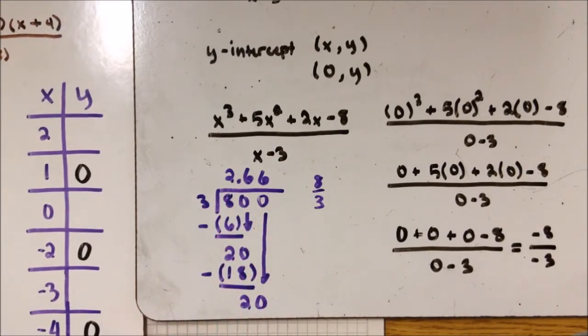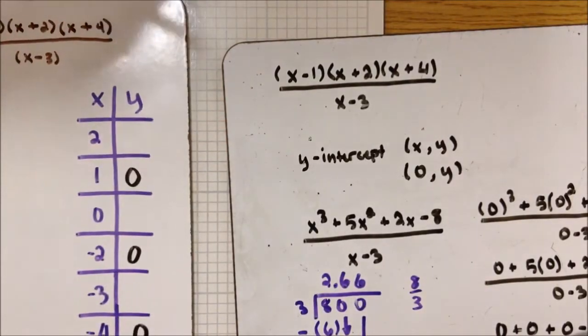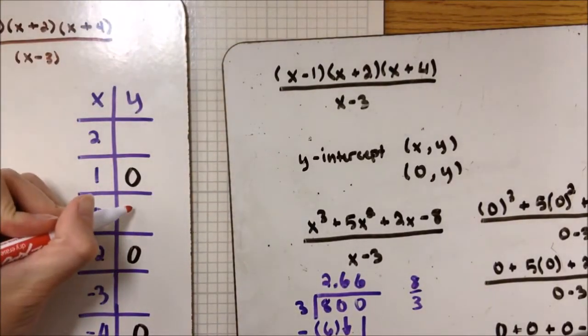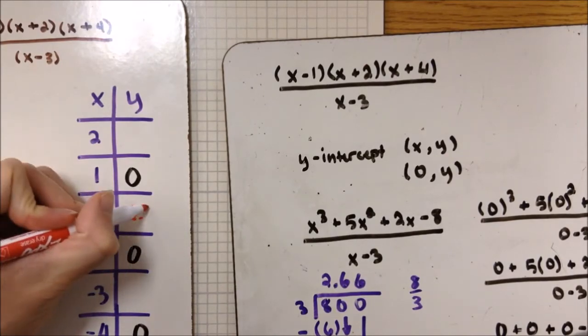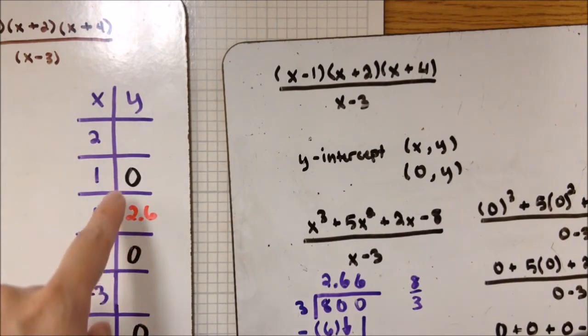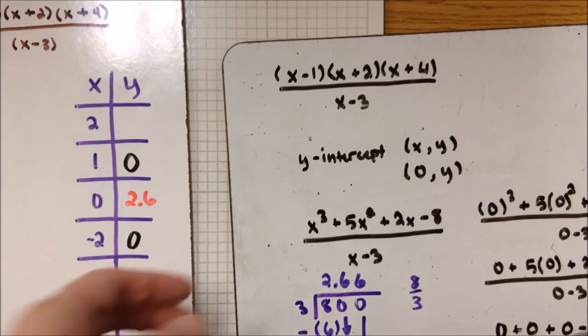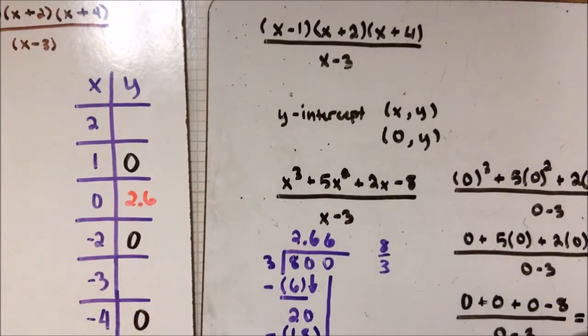But I'm just going to write 2.6. Now all we need to do is find the other points. So again, this is our y-intercept, x-intercept, x-intercept, and x-intercept. So all we have to do is plug in negative 3 and 2.